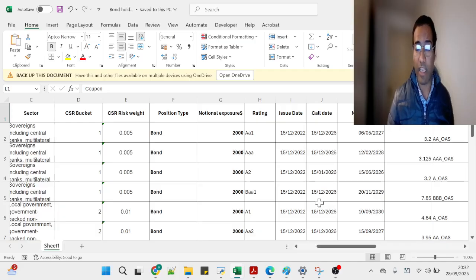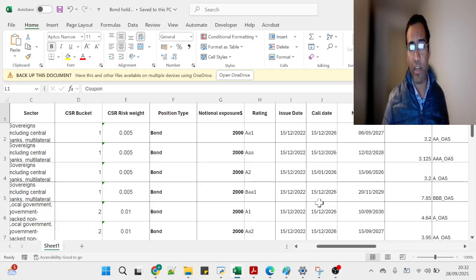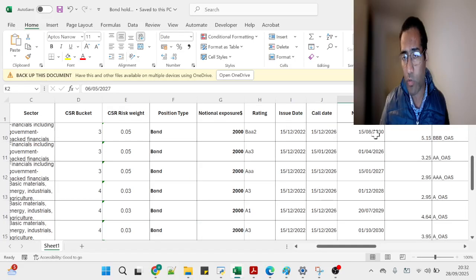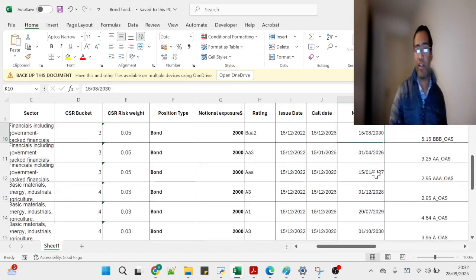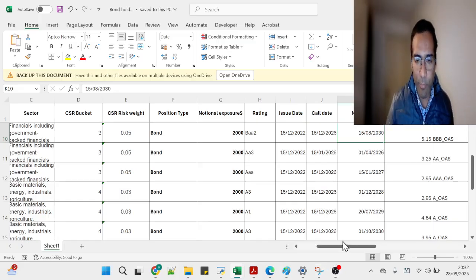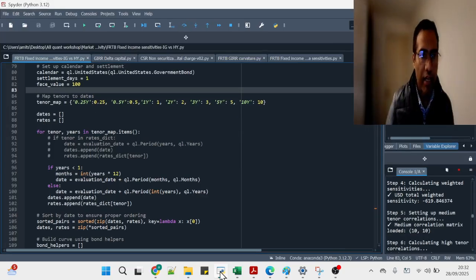Now can I calculate the sensitivity to different interest rates? As you can see, I have maturities from 2025 till 2030, so I can calculate sensitivity up to 5 years. If I have tenors like 1 year, 3 years, 5 years, then I should get a sensitivity to each tenor. So I have a program here that I wrote to calculate sensitivity.